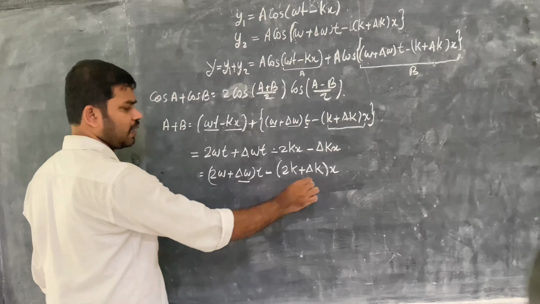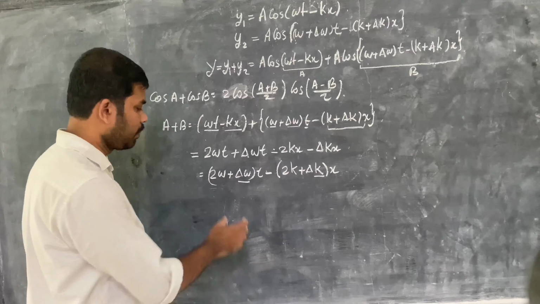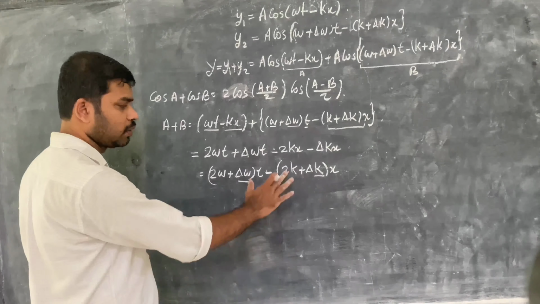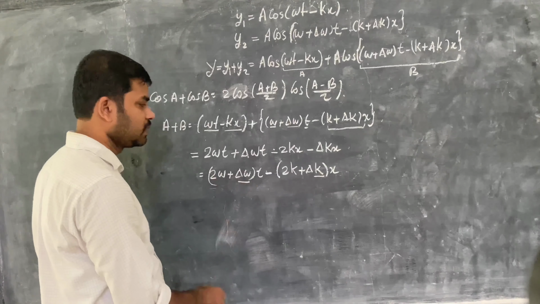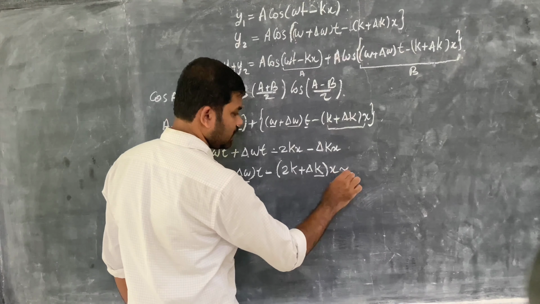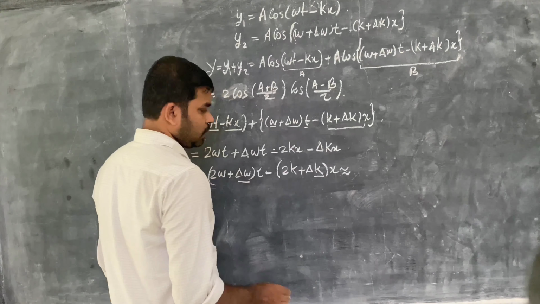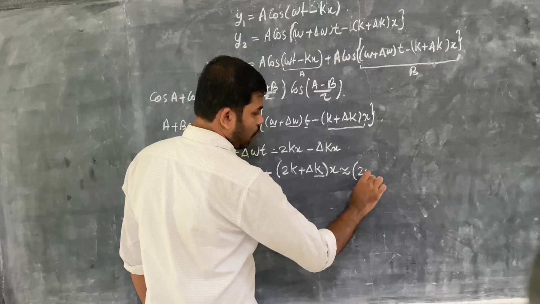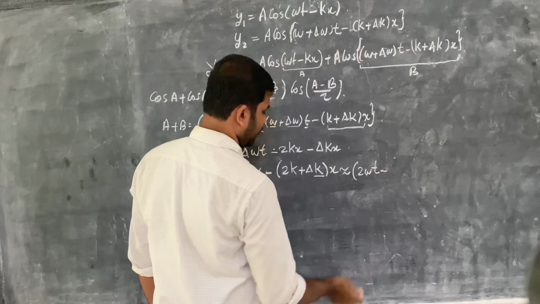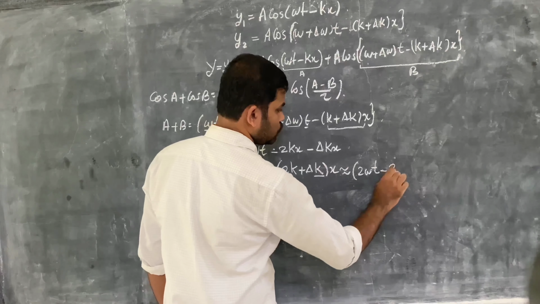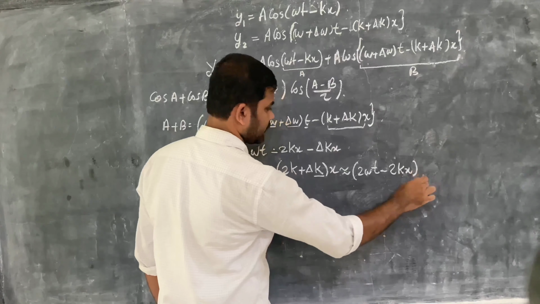Δω and Δk are very small compared to 2ω or 2k, so we can neglect them. This is nearly equal to 2ωt minus 2kx.